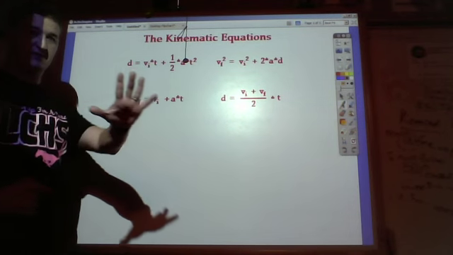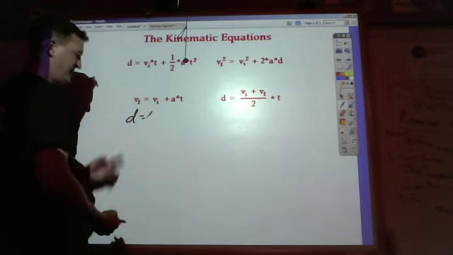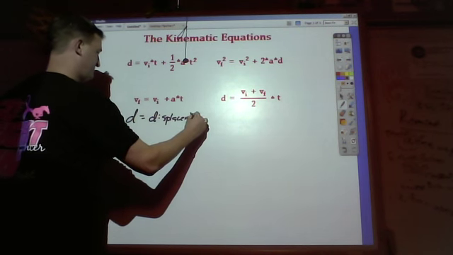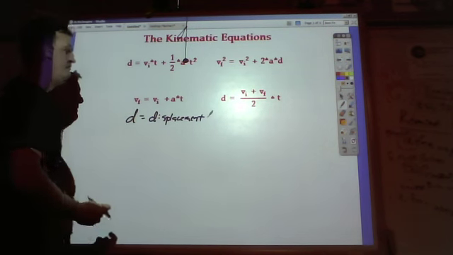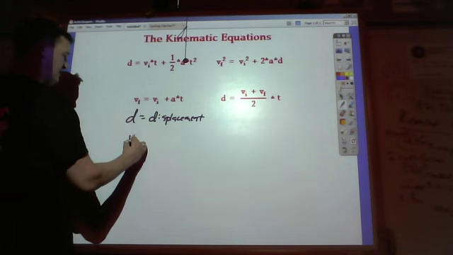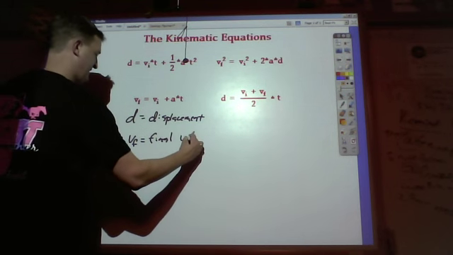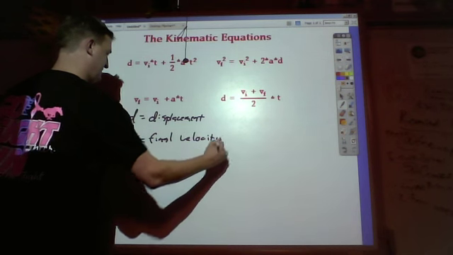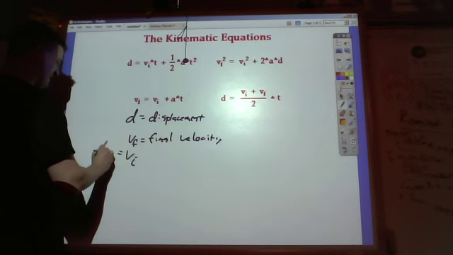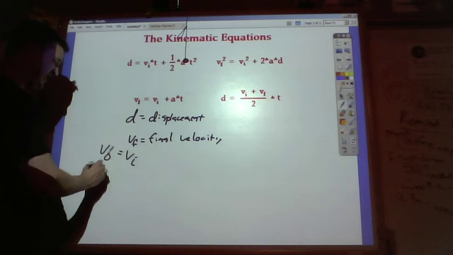There are 5 variables, five variables. As I described to you before, it was D, and that is displacement. This is VF, final velocity. VI, also sometimes you see this little VO, it's actually V0, also stands for V naught.